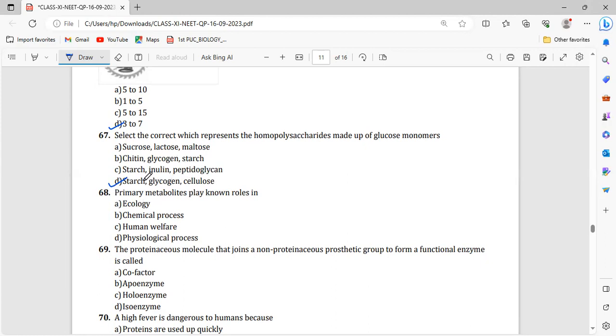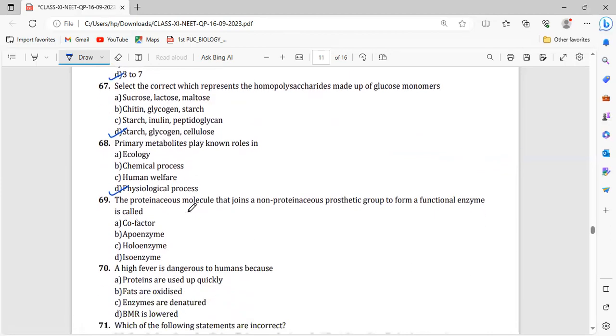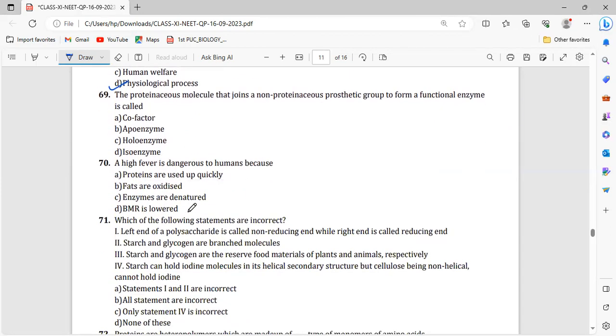Then 68. Primary metabolites play an important role in the physiological process, as they have a direct role. Then 69. The proteinaceous molecule that joins a non-proteinaceous prosthetic group to form a functional enzyme is called. Again, we had the same type of question before. The whole functional enzyme is called holoenzyme, and the proteinaceous molecule is called apoenzyme.